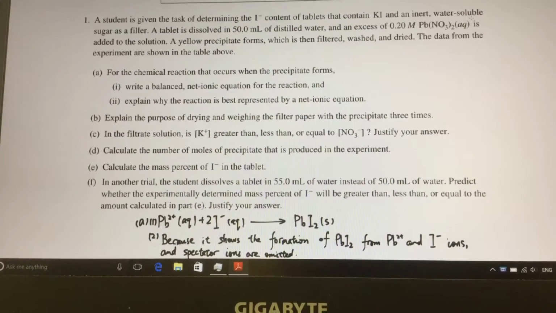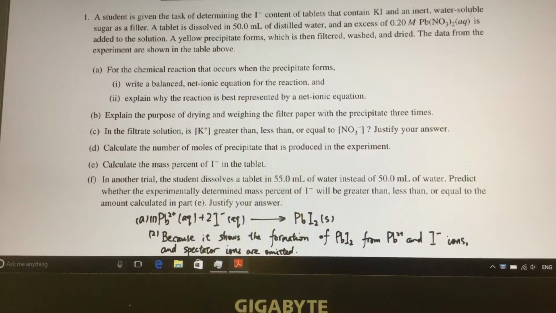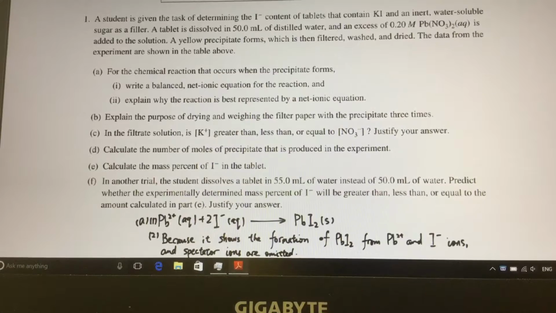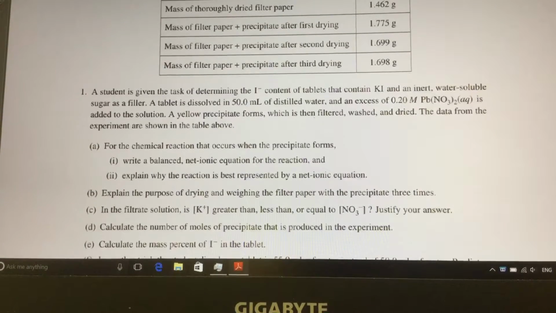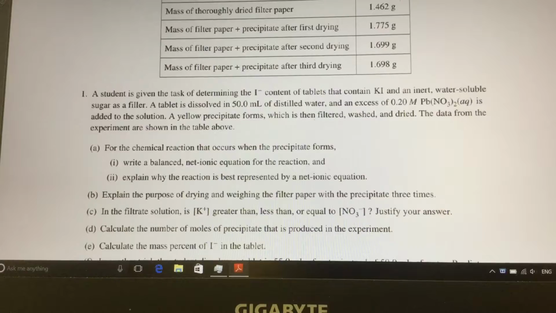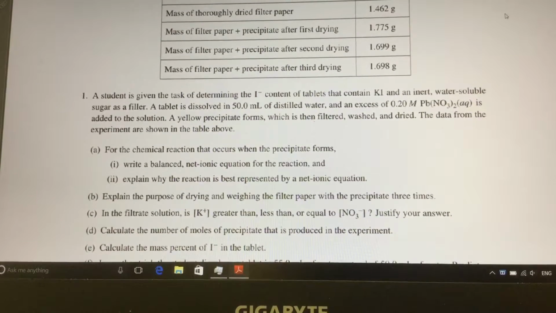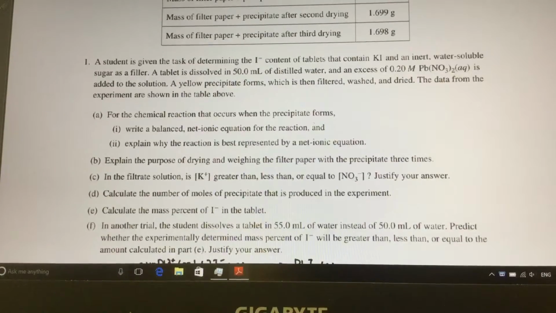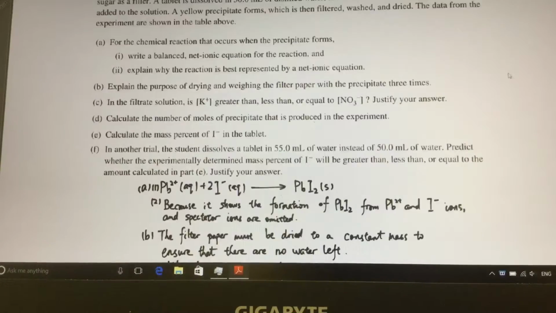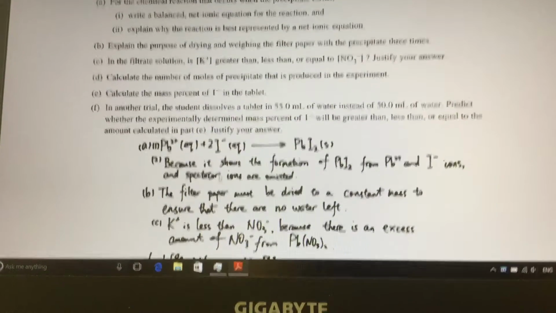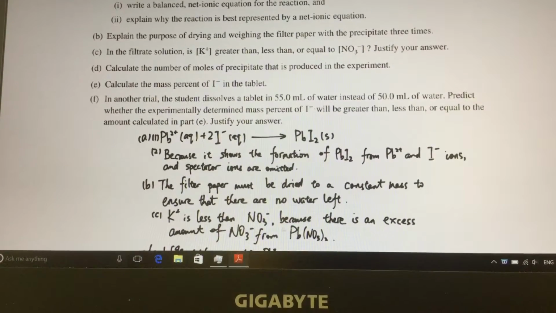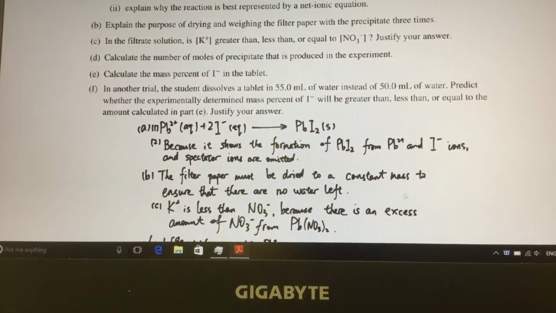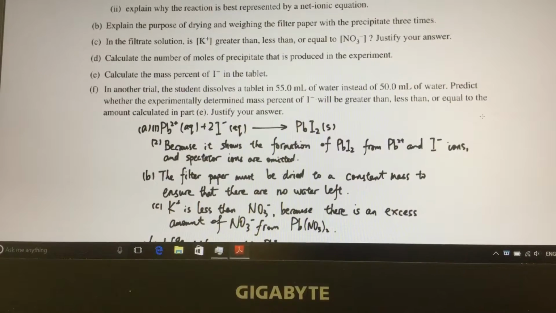But we have a limited amount of potassium iodide, 0.425 grams. Therefore the amount of nitrate ions is more than potassium ions. Potassium ions are less than NO3 minus because there's an excess amount of NO3 minus from lead nitrate.